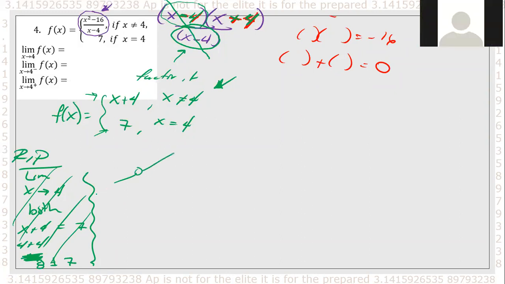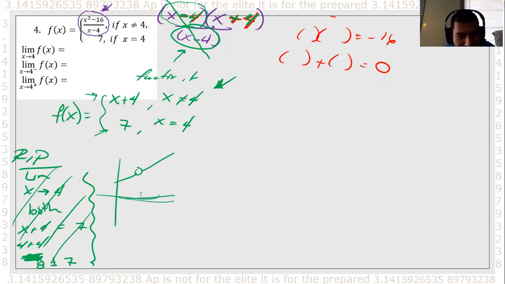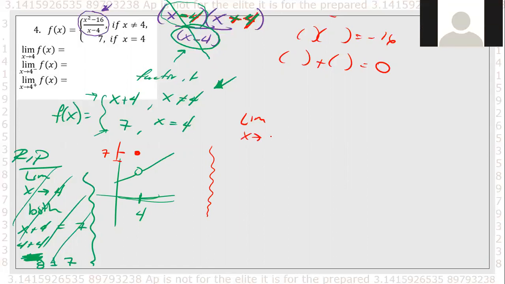So if we went ahead and did something like that, it looks like that on our graph. And then at 4, the actual value at 4 is 7 in height. That's what we're seeing. So if we are going to look from both sides, limit as x goes to both sides, we're going to use the linear, right?